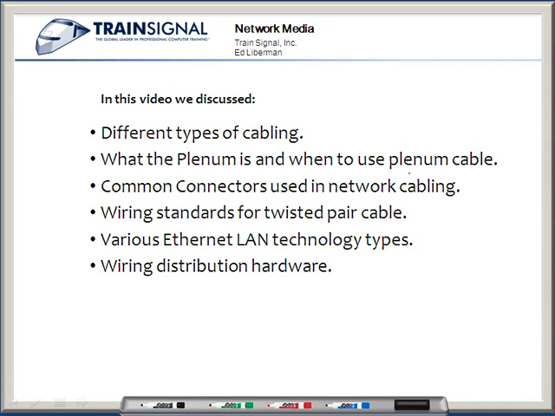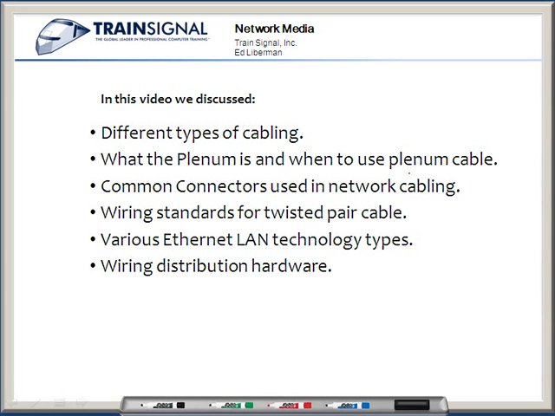We saw some of the common connectors used in network cabling. The most common connectors that you will see out there will be your RJ45 on your twisted pair cable. And then I would say the next most common would be your SC, your ST, and your LC fiber optic connectors. We learned some of the different wiring standards, 568A, 568B for our twisted pair cable.